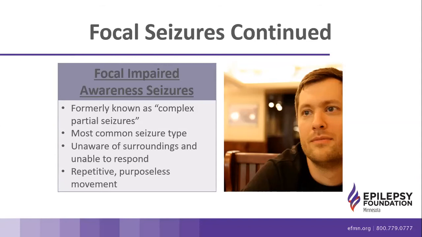They might pick at their clothing. Their lips might smack. Their eyes might flutter. They might talk and get their words mixed up, or it might all be non-words, like garbled language. And keep in mind that they are conscious, obviously, because they have their senses about them, but they're unaware at the level where they can respond appropriately.